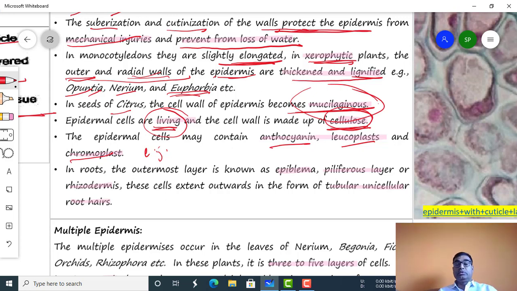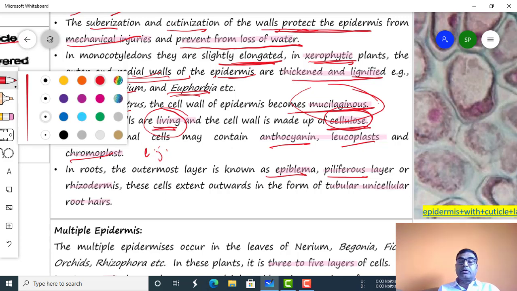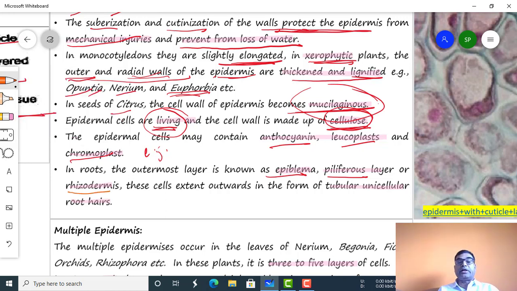In roots, the epidermis is called epiblema, piliferous layer, or rhizodermis. These cells extend out in the form of tubular unicellular root hairs, which are absorptive in function.